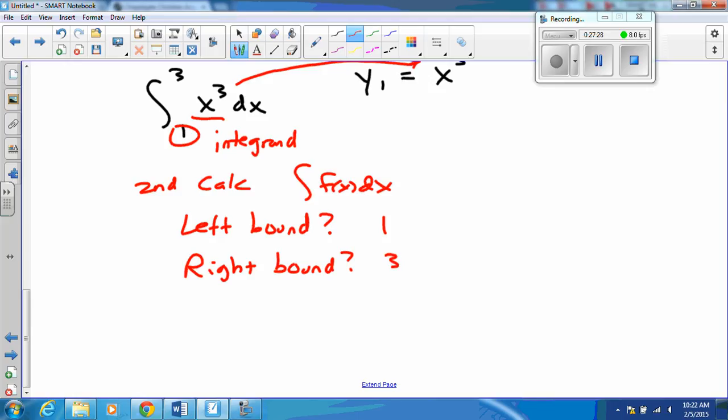And it's going to think for just a second. And it will shade in all the area that we're talking about. And it will give you an exact value. And if I attempt with my super secret dark arts to do the exact value, then you should end up with 80 over 3, which is 26.67. It said upper and lower?